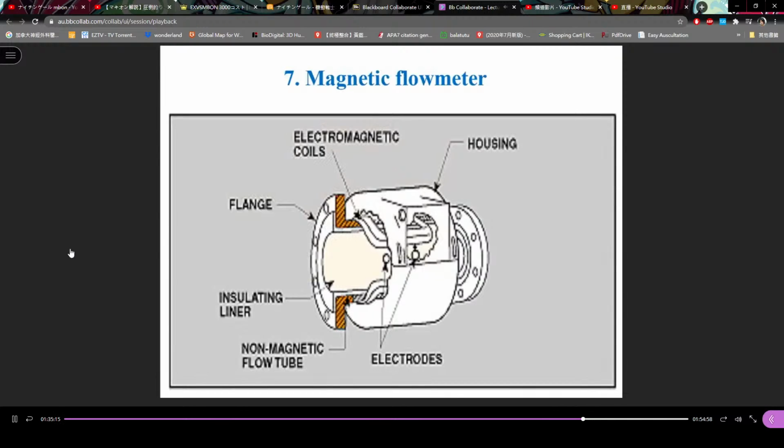Another advanced meter is called the magnetic flow meter. Sometimes we don't want to cut the pipeline to insert an orifice or Venturi meter, especially for an existing pipeline. For example, this pipeline in Hong Kong.